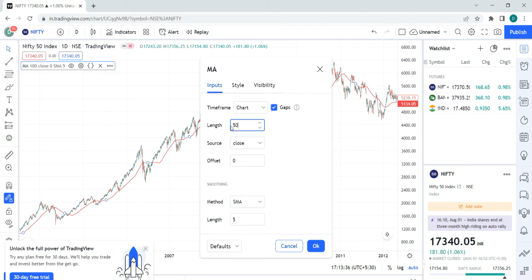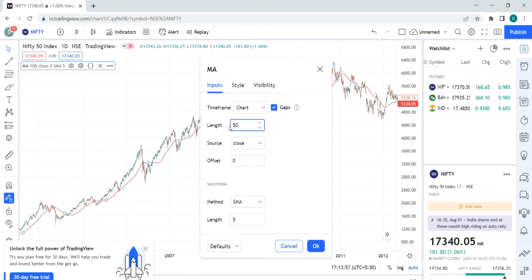If I have taken a length of 50, it gives more weightage to the 50th, then less weightage to 49, 48, 47, and so on. This is the basic difference between the simple and the exponential moving average.